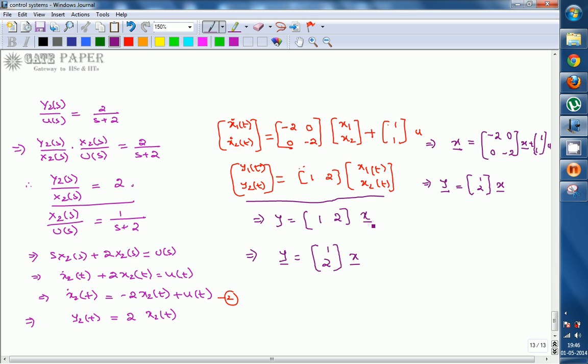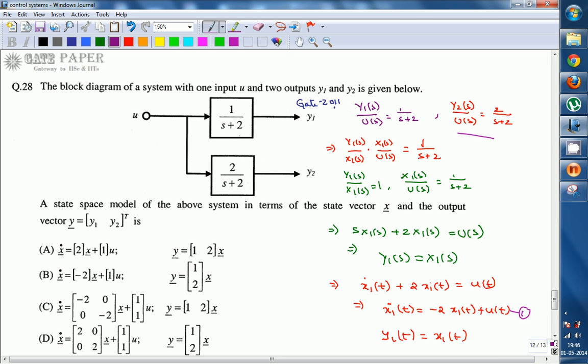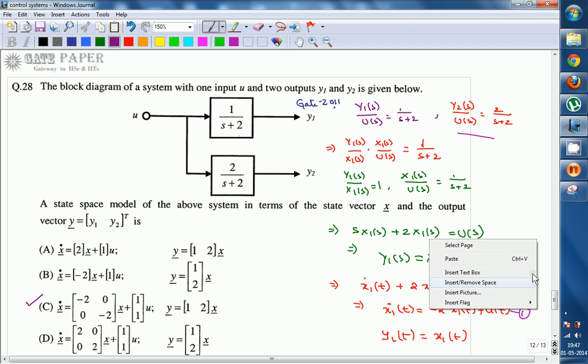So option C is the correct answer here. We got x dot equals minus 2 0, 0 minus 2 x, plus 1 1 u, y bar equals 1 2 x bar. So option C is the correct answer here.